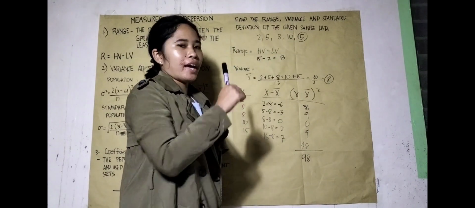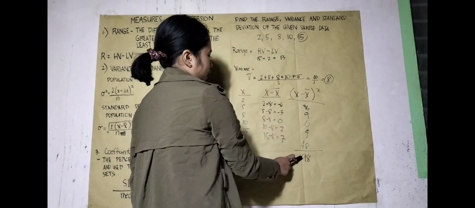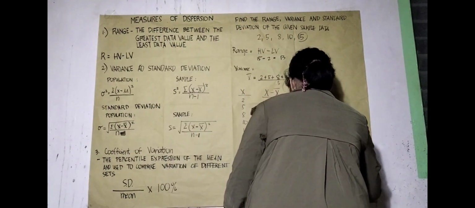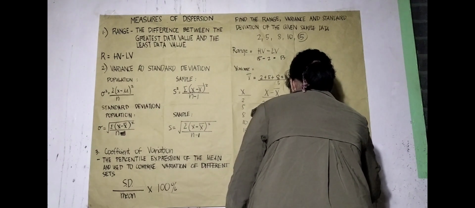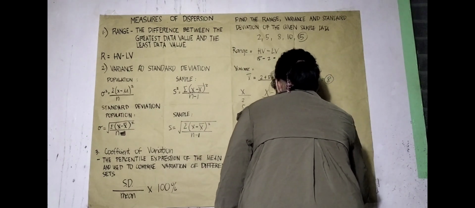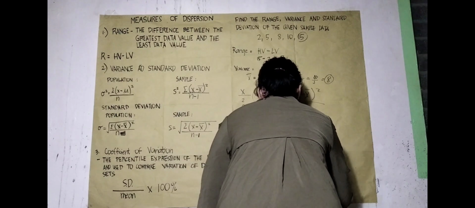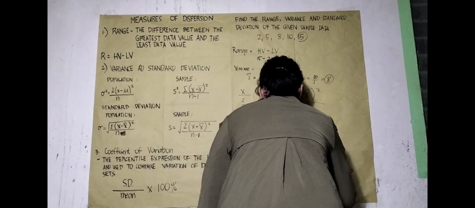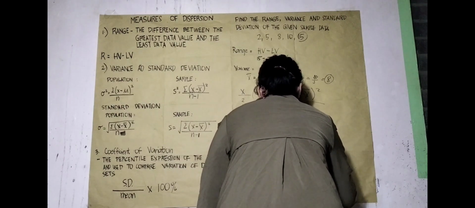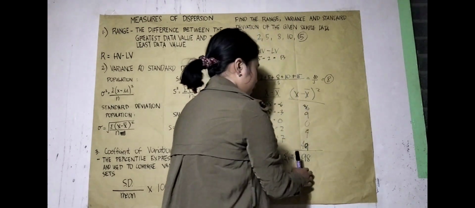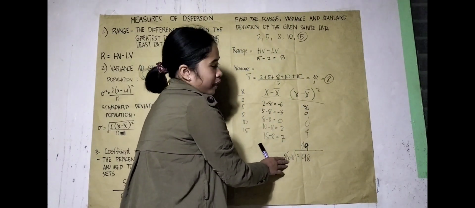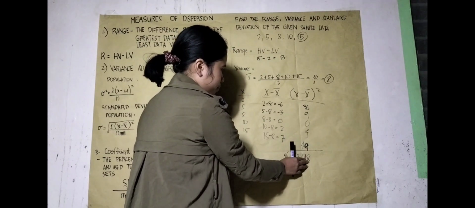All in all, we have 98. So 98 is the summation of x minus x bar squared.